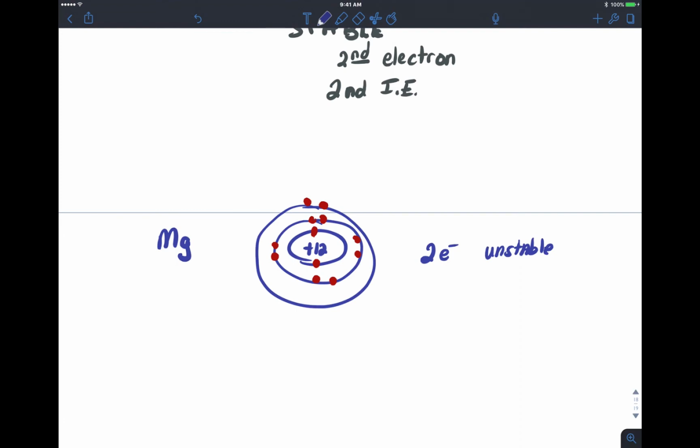And in order to remove electrons to form a magnesium ion, we have to apply some energy. So the first one I'm going to take away is that one right there. So this one right here, we're going to have to apply the first ionization energy to remove that. All right. So when we go to remove this outer electron, okay, so I'm going to get rid of that. How much energy is needed to do that?